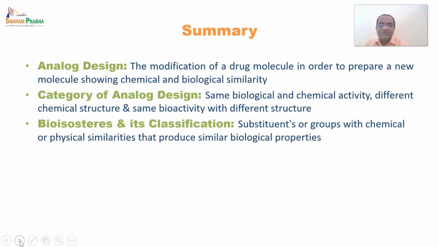There are two classes: classical and non-classical. In classical, electronic parameters and configuration remain similar, but in non-classical, electronic parameters change. In classical bioisosteres, we have seen 4 different classes.